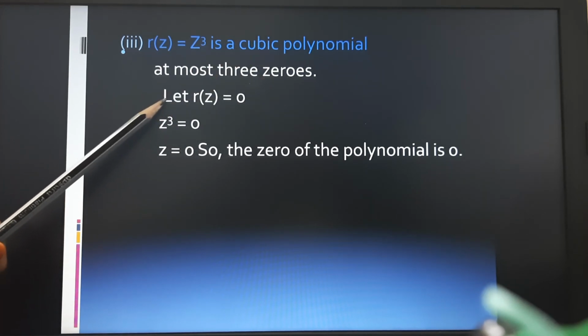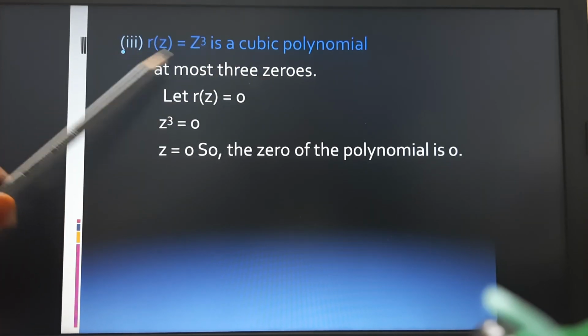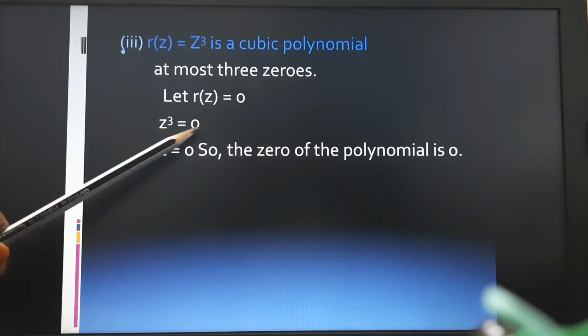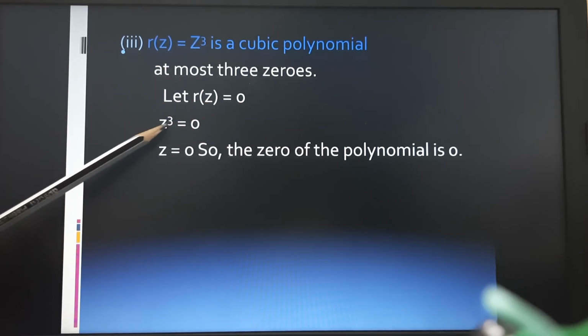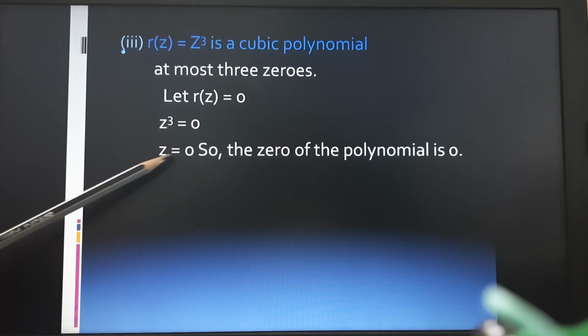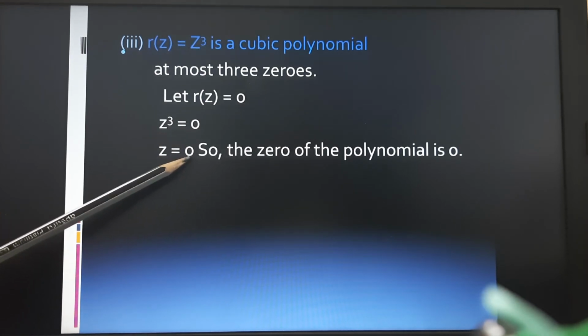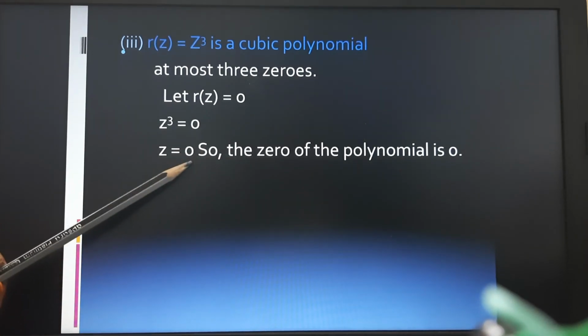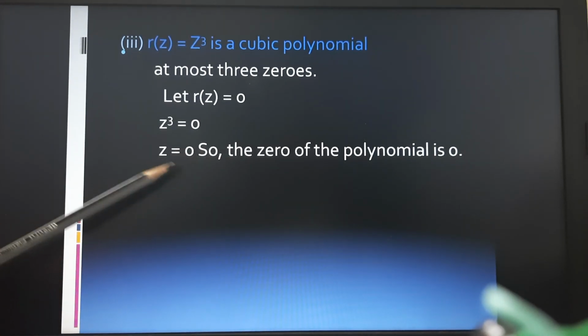Same as before, r of z is equal to 0. So z cube is equal to 0. When z cube is equal to 0, z is also 0, right? So the zero of the polynomial is 0. The z value is 0. In the previous two cases I checked and got the right answer, so in this case you check it too.